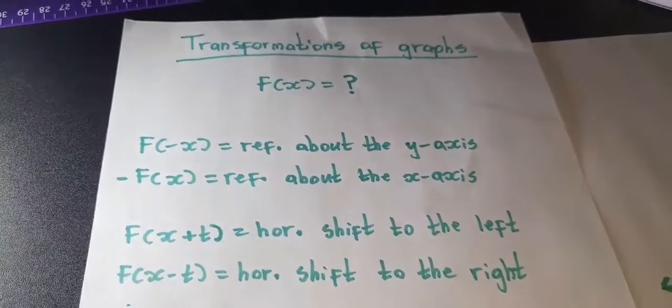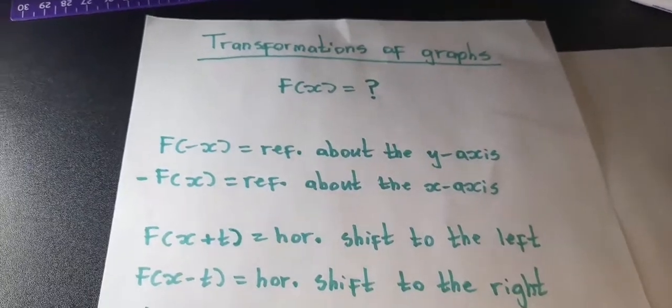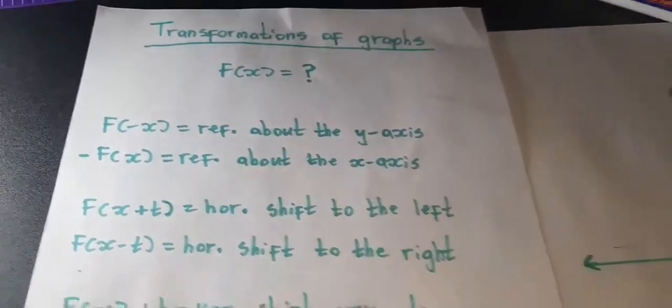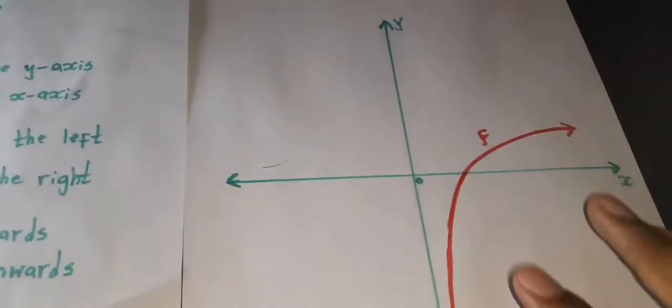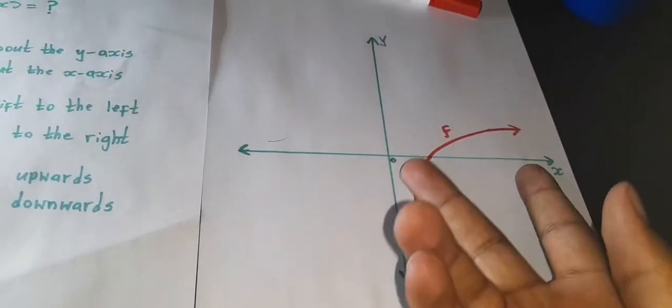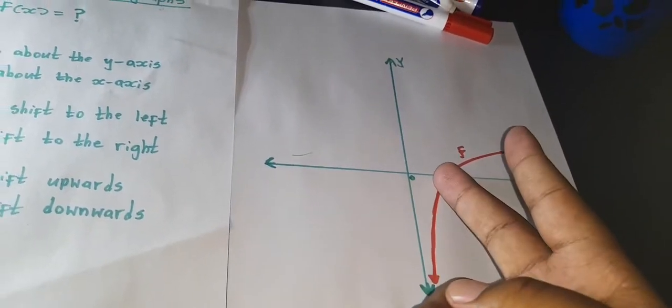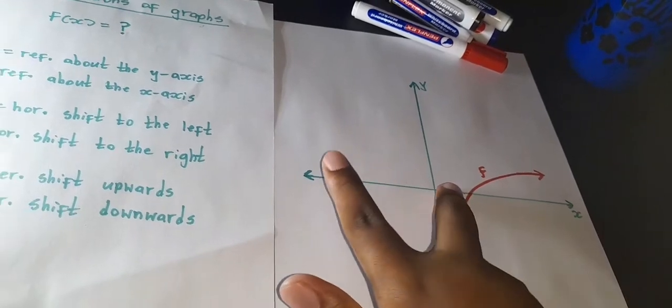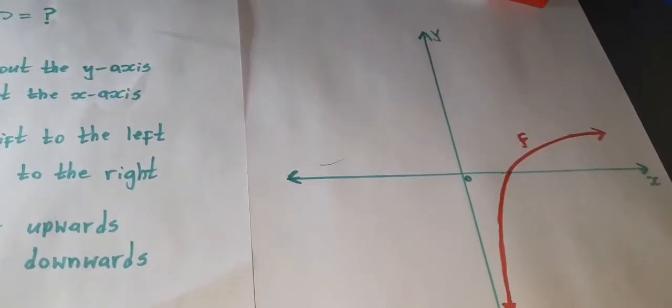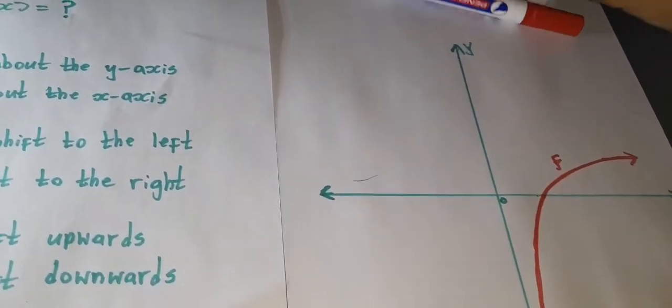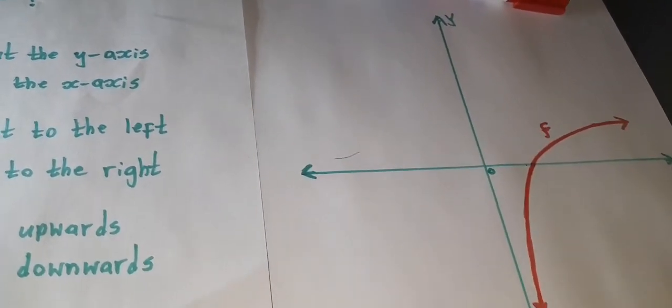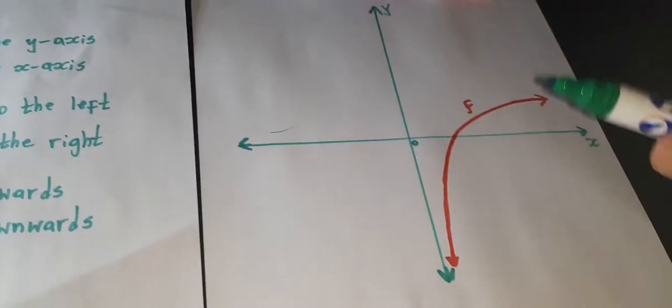It means you are taking this graph and reflecting it about the y-axis. So you are taking this graph and flipping it along the y-axis, like this here. So the new graph will look like this.